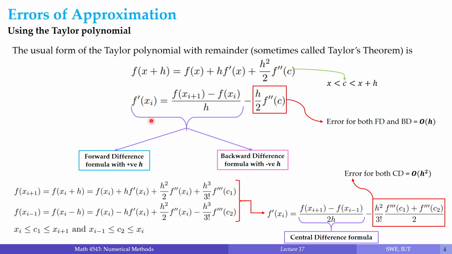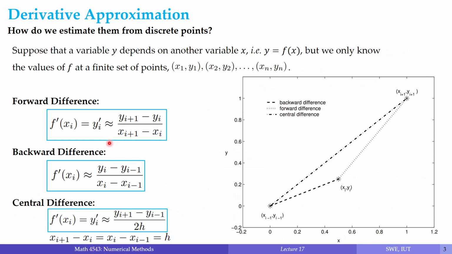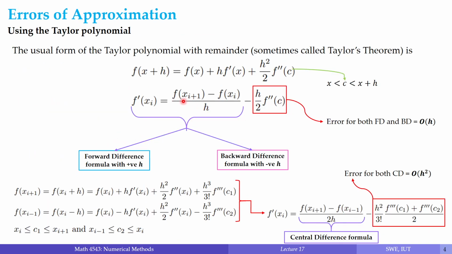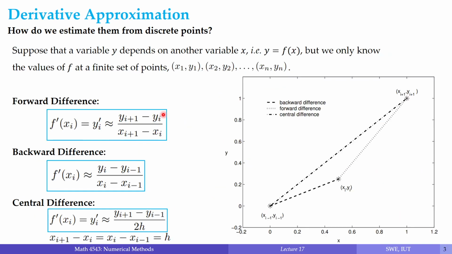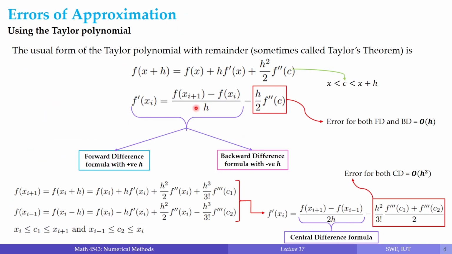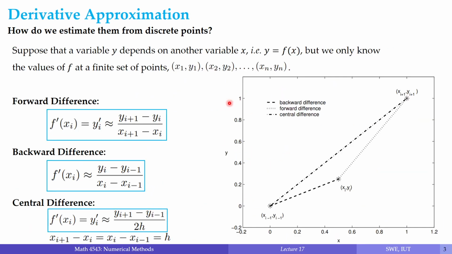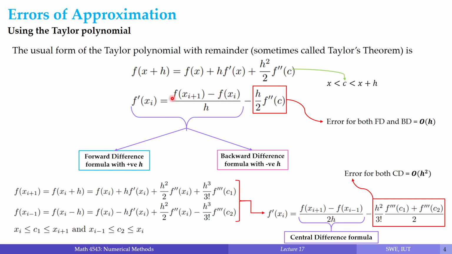Fine. So notice that this whole thing that we are getting is the same as the formula that we got for the forward difference, right? Simply replace f of x sub i plus 1 with y sub i plus 1, and replace f of x sub i with y sub i, and you get the formula for the forward difference.